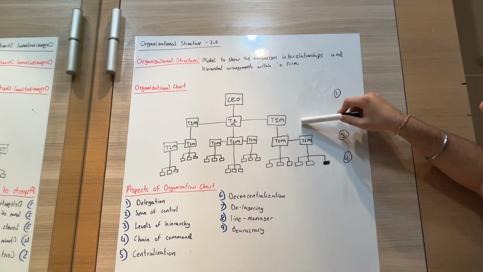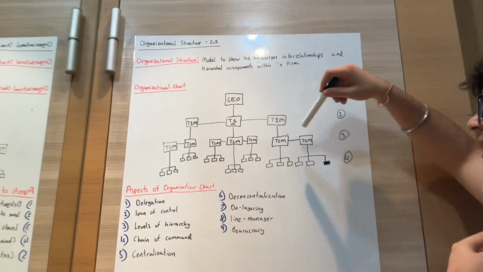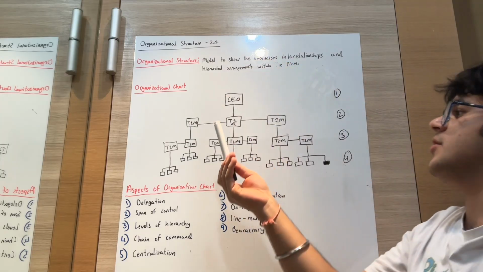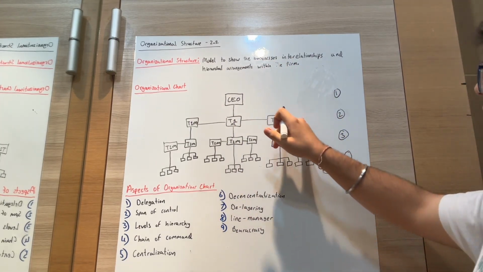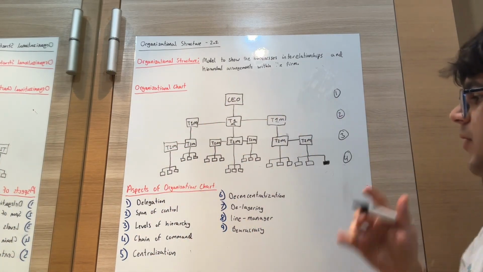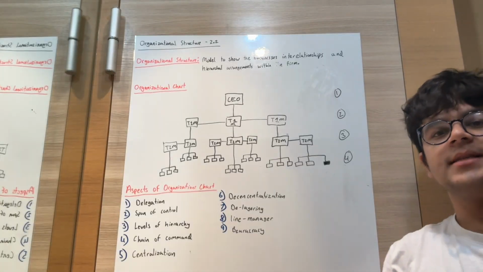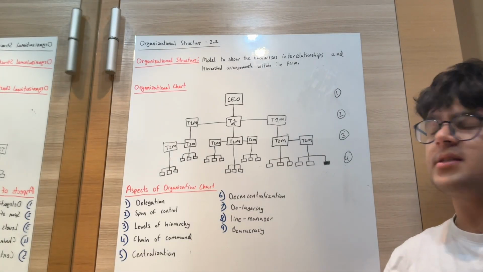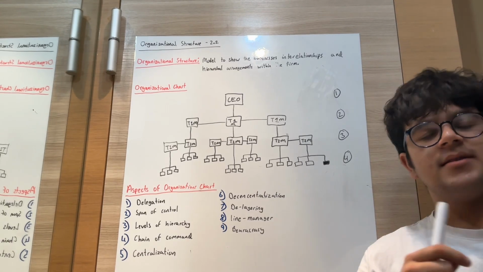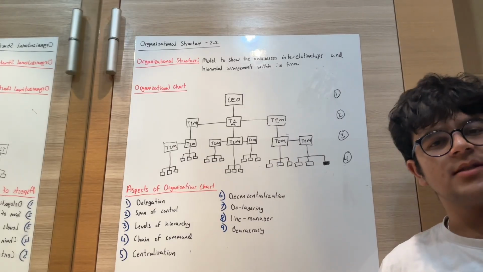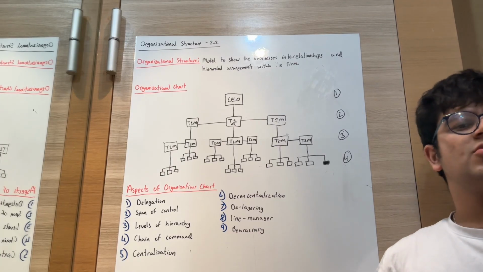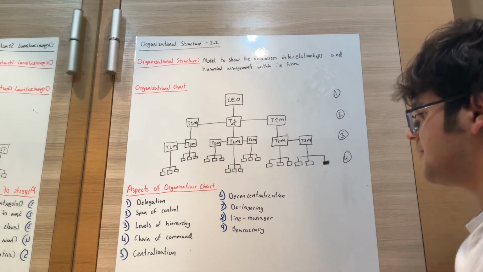My tier 1 managers are kind of redundant, and my tier 2 managers can do the exact same thing my tier 1 managers can do. So you just get rid of the entire level of hierarchy. So delayering is the dismissal of an entire level of hierarchy due to redundancy or extra cost, reducing costs.